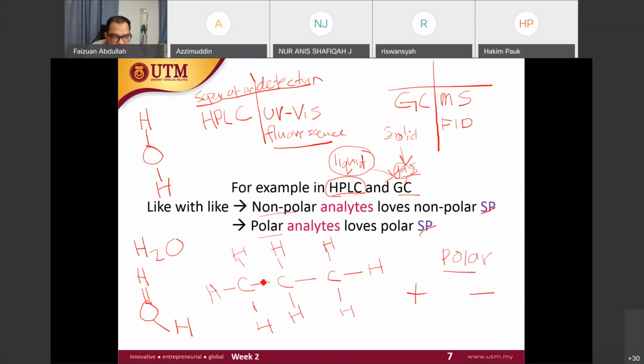Similar with this one. Is it true the water looks like this? Who gave me the example of water as the polar compound just now?